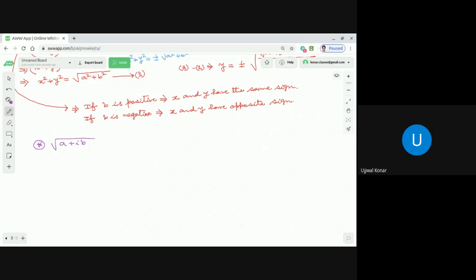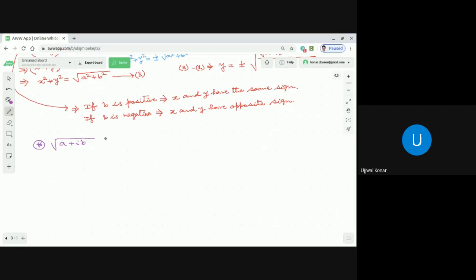If b is positive, x and y have the same sign, both positive or both negative. If b is negative, x and y have opposite sign. That means if x is positive, y is negative, and if x is negative, y is positive. That means we always get two complex numbers. The square root of a plus ib denotes two complex numbers except when b equal to 0.